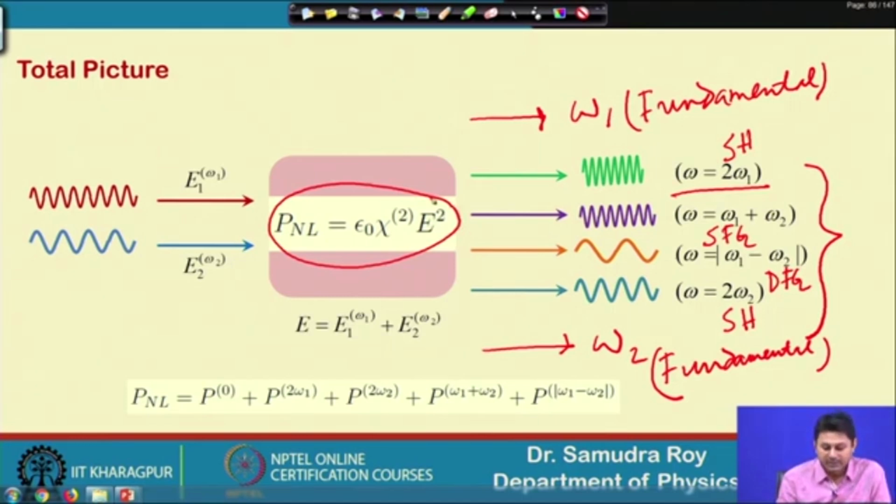So, now the next thing is that we know that all the frequencies in general should be there, but the important thing is that it is not that easy for all frequencies to be generated. If I launch the two fields, it is not readily going to generate.